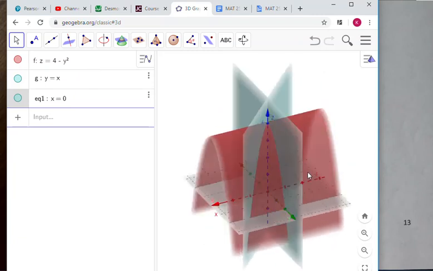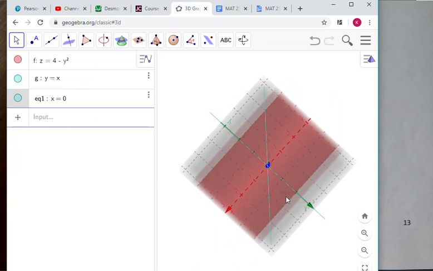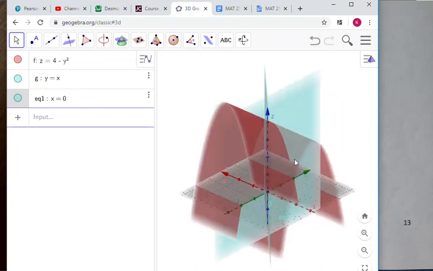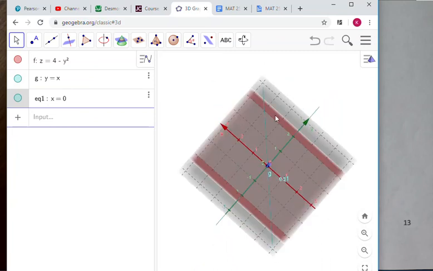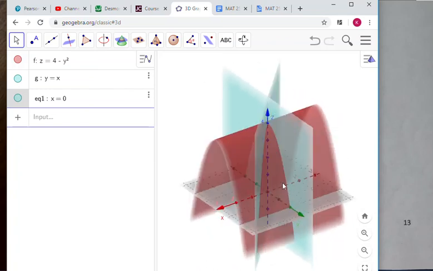I can once again do some rotating here. I can see from above there's that triangle, or I can see from below also that triangle in the xy plane. And I can see the three-dimensional chunk in here, whose volume I'm trying to find. So I encourage you to play with whichever of those tools you have at home in order to be able to see three-dimensional graphs.